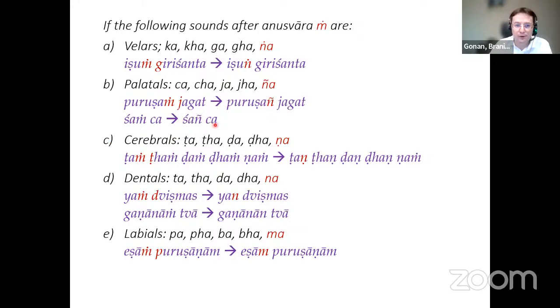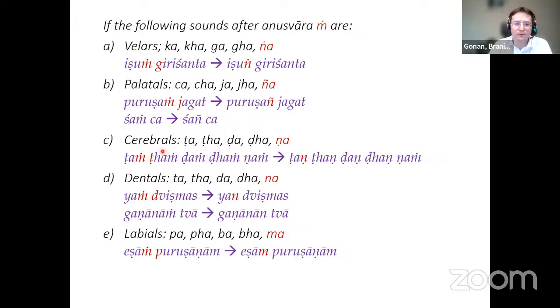Shanchame in Rudram, for example. If we would chant shamchame, it's not natural, so we need to adjust to get this beautiful flow of chanting, this continuity. So it is purushany jagata, shanchame.